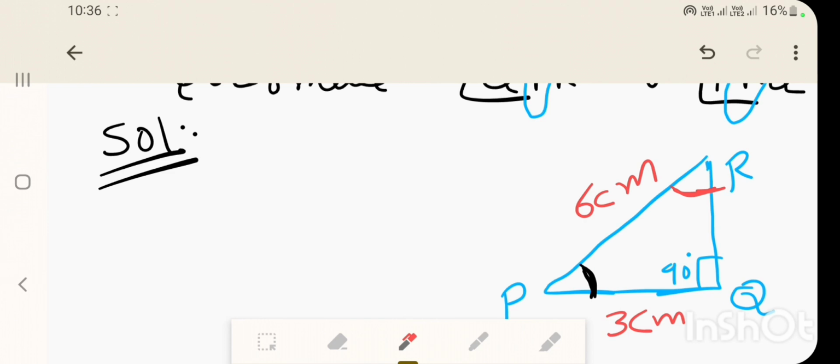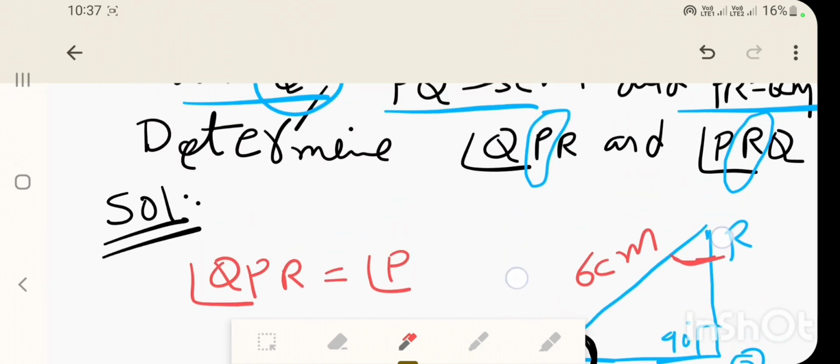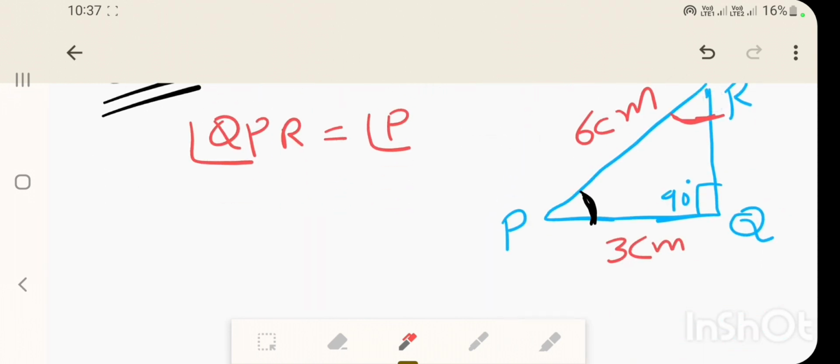What they are asking is angle QPR, which you can write simply as angle P, as well as angle PRQ, which is simply angle R.